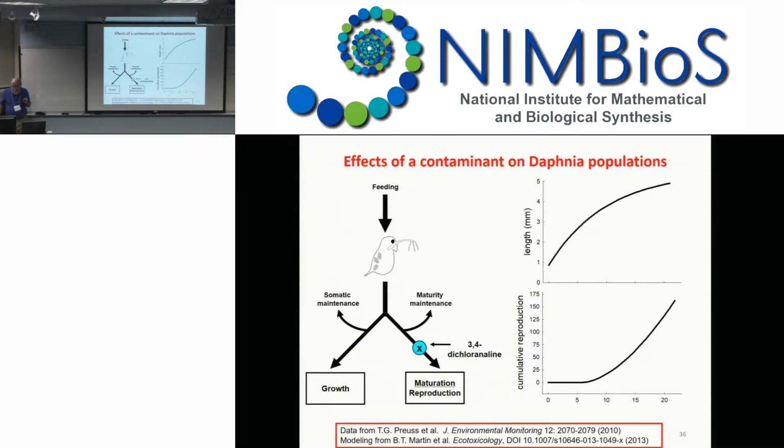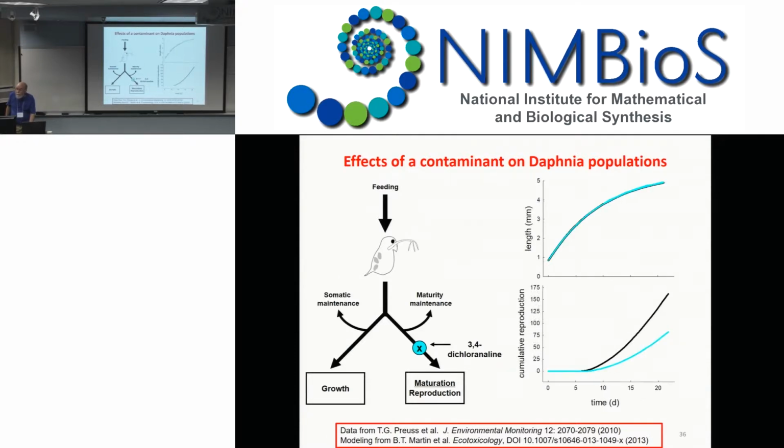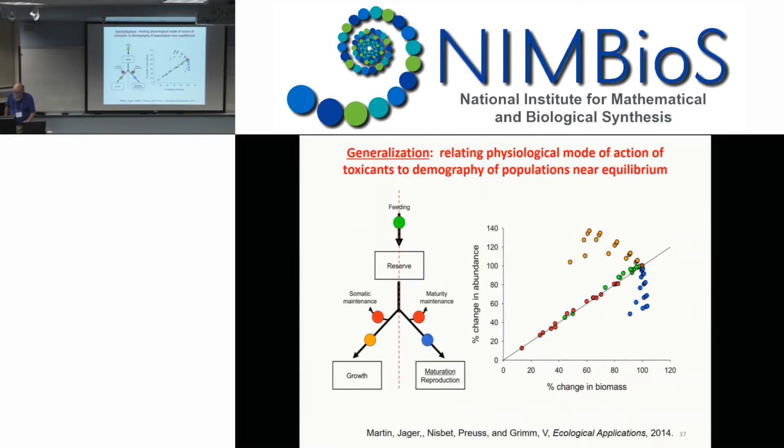Ben Martin also applied this to ecotox, the study of an insecticide, a contaminant that appeared to have primarily an effect on reproduction, and he got a good agreement of model and data.